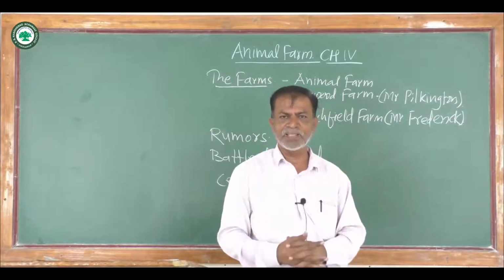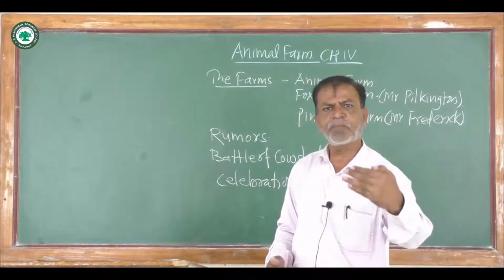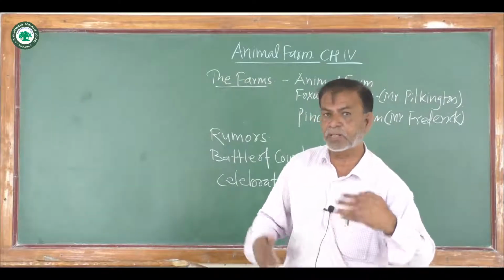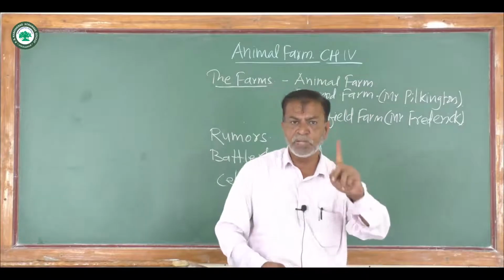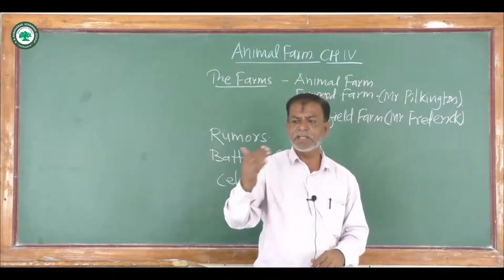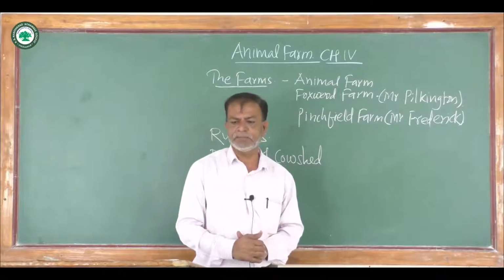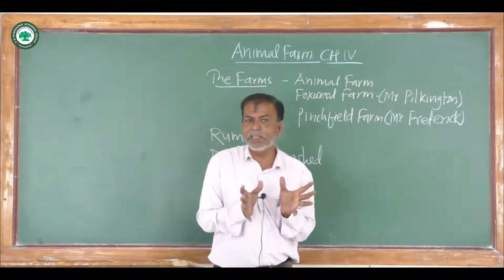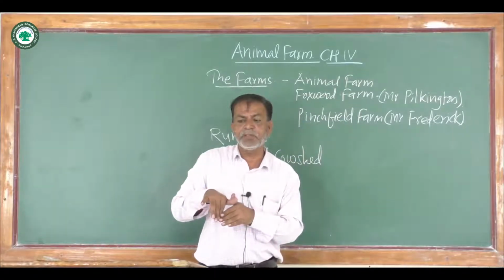As I said earlier, I divide this Battle of the Cowshed into three different parts, as the novelist told us. Number one is the first line attack. So what is this first line attack? The geese in Animal Farm hide behind the hedges.